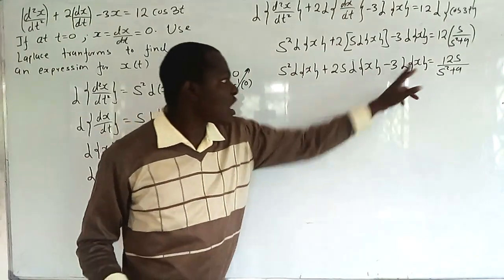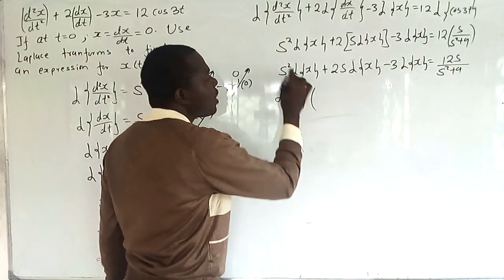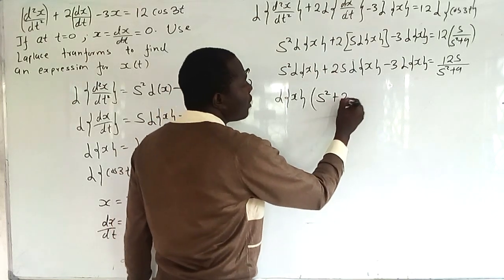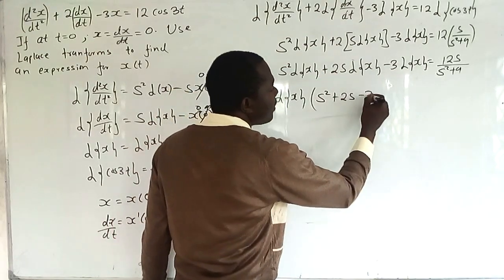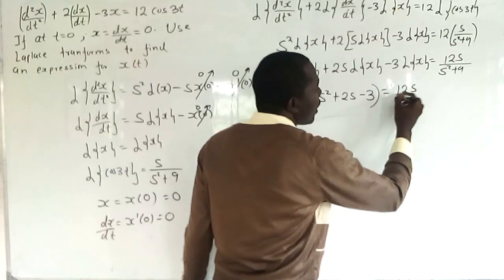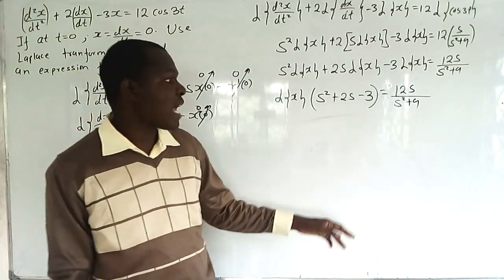If you factorize out the common factor Laplace transform of x, you remain with s squared plus 2s minus 3 equals 12s over s squared plus 9.